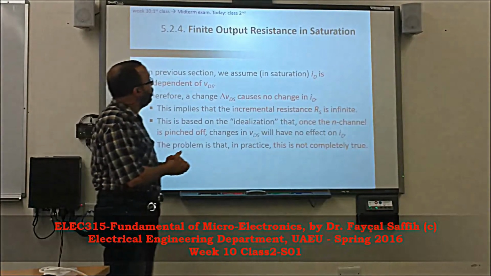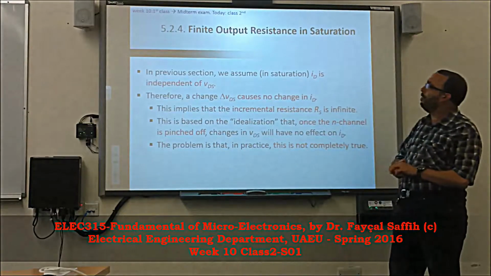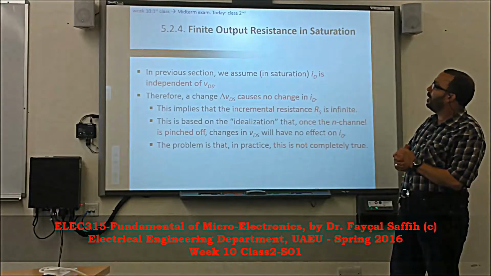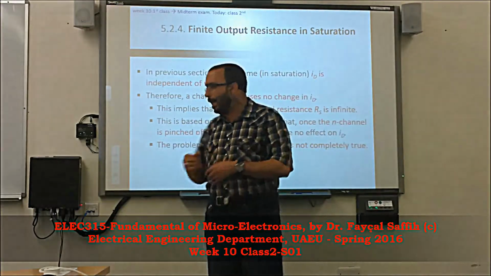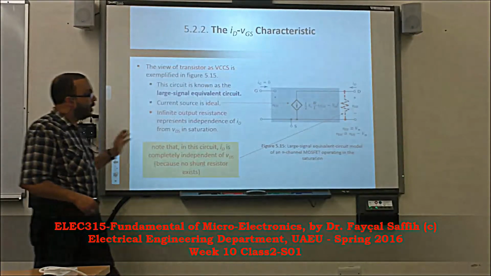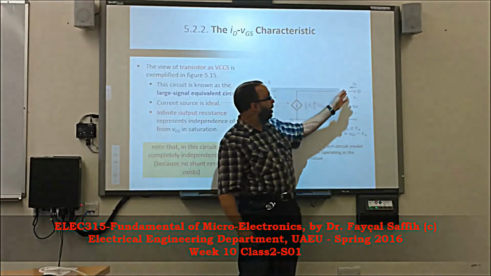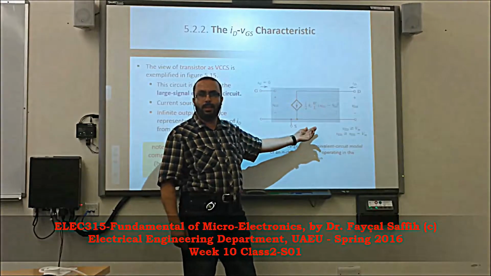So, here today we start with an important parameter we did not talk about before, which is the finite output resistance in saturation. Before, if you remember last class, what's the output resistance? It's this resistance. Because this is the output, this is the input, right? This is the MOSFET model, the NMOS.